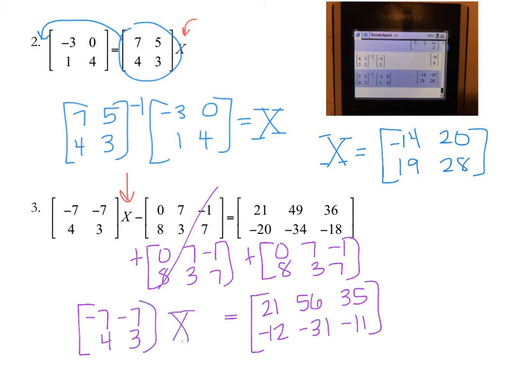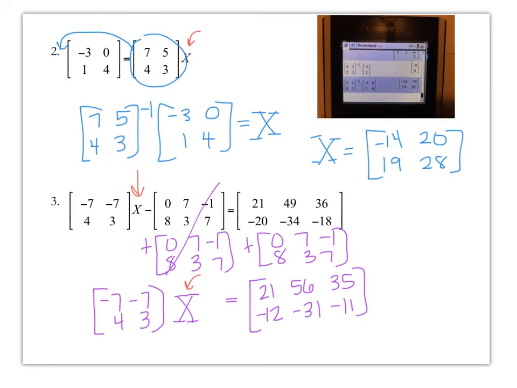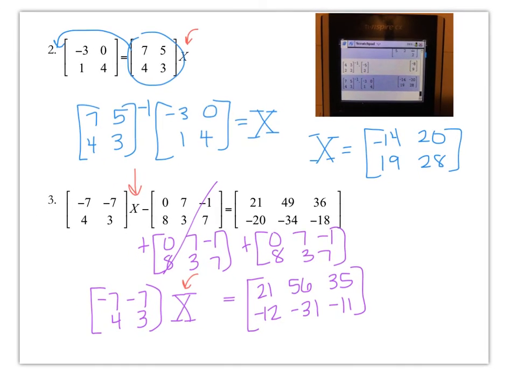Then we need to think about, again, our goal, which is to get the x by itself. To get the x by itself, I have to undo that matrix that's being multiplied. To undo multiplication, we're going to use the inverse. So this one's moving to this side, and again, the inverse always goes in front.